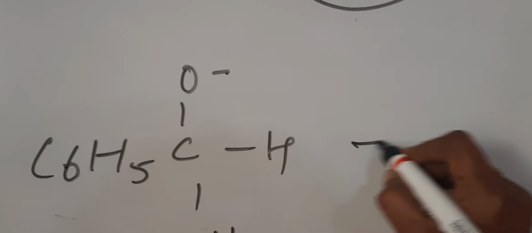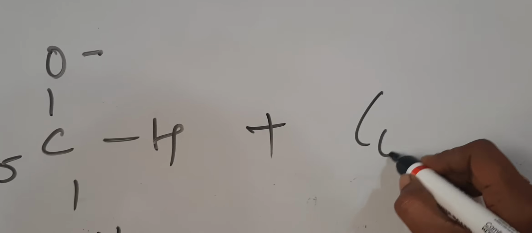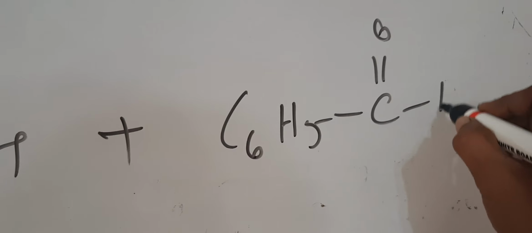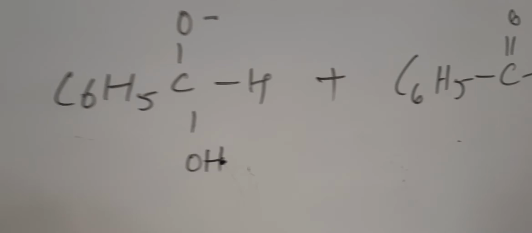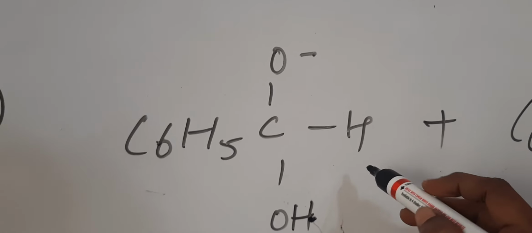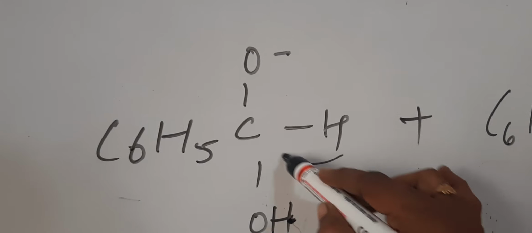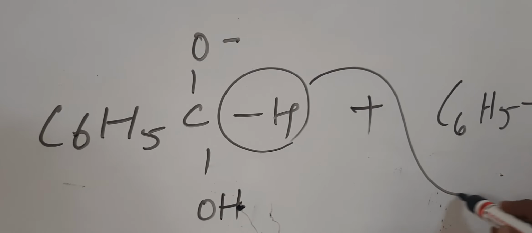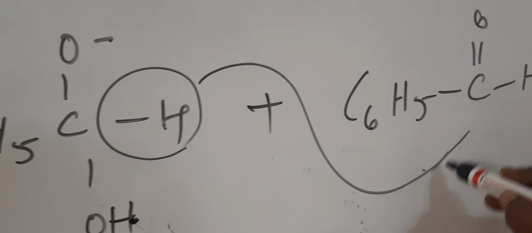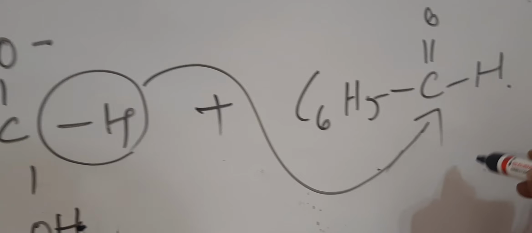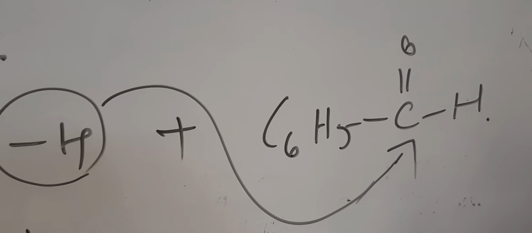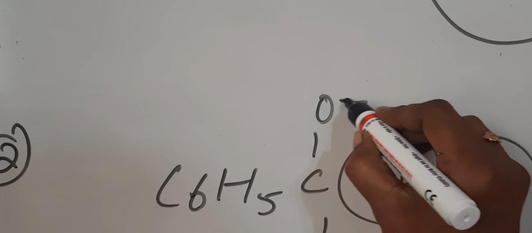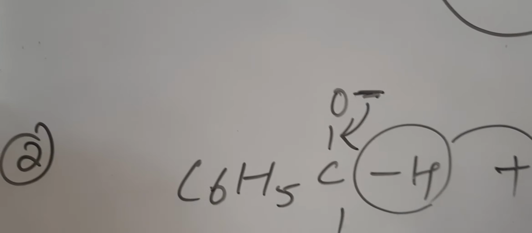Now let me write another molecule of benzaldehyde, C6H5 C double bond O H. So the hydride ion from here will get transferred or attached to this carbonyl group. So the negative sign will get shifted over here.